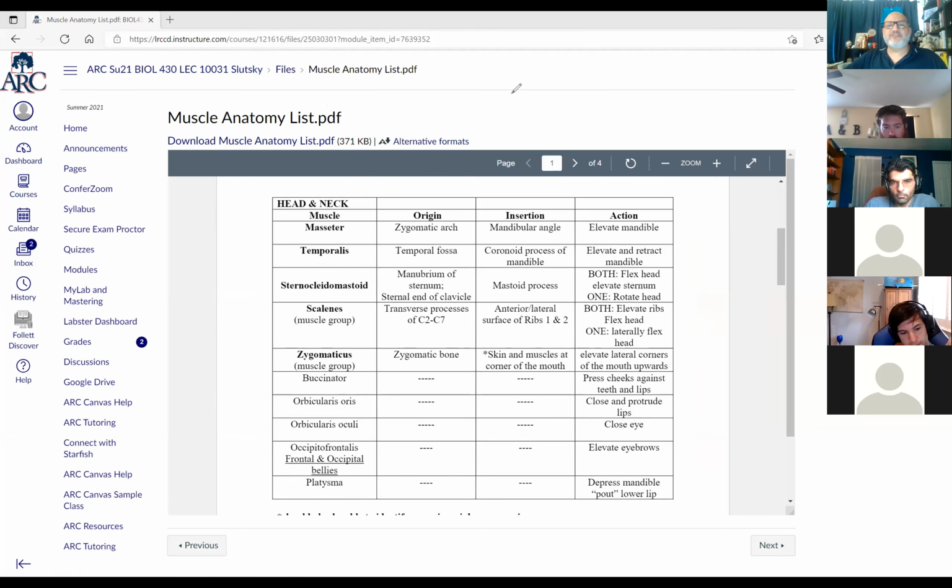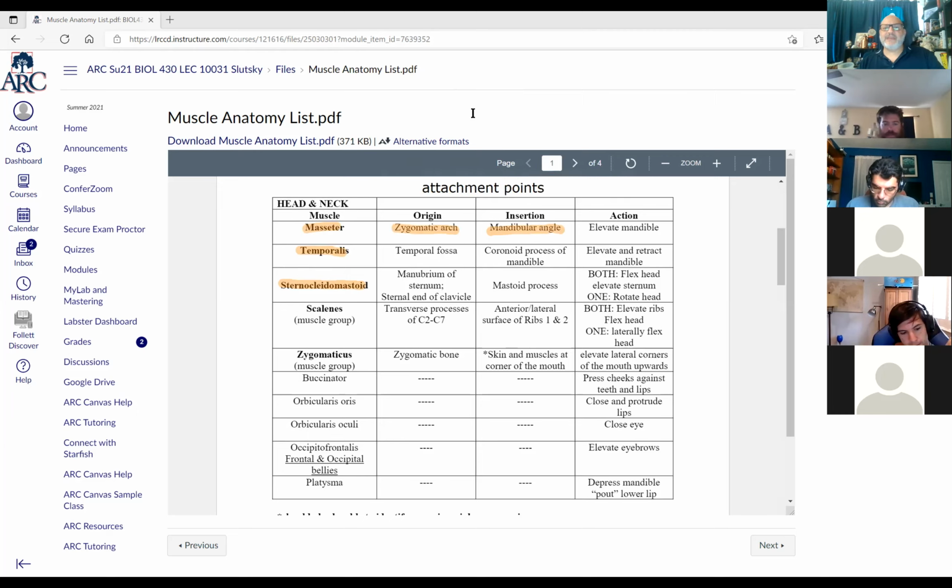But I want you to notice something else about this list. Notice as you look at this list, some of the muscles are written in bold. And those that are written in bold also have origins and insertions written for them. These origins and insertions are the attachment points. And all the ones that are written, you need to know the origins and the insertions.